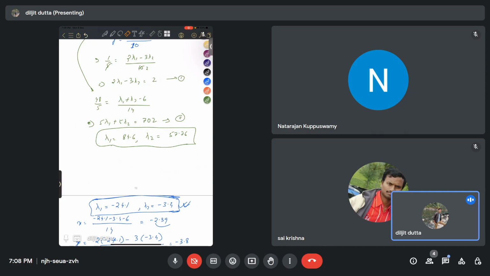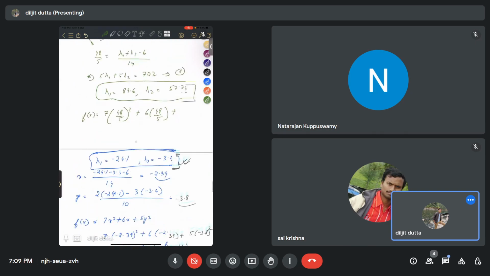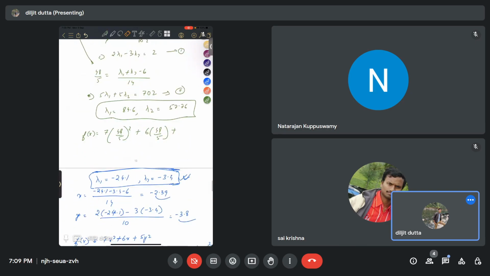Now let us see the value of f of x, equal to, I think, 7 into 48 by 5 whole square plus 6 into 48 by 5, plus, I think, 5y square whole square.